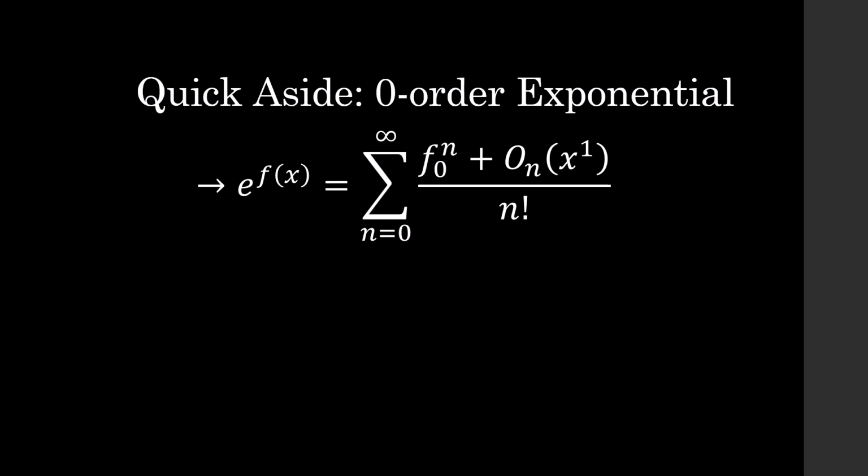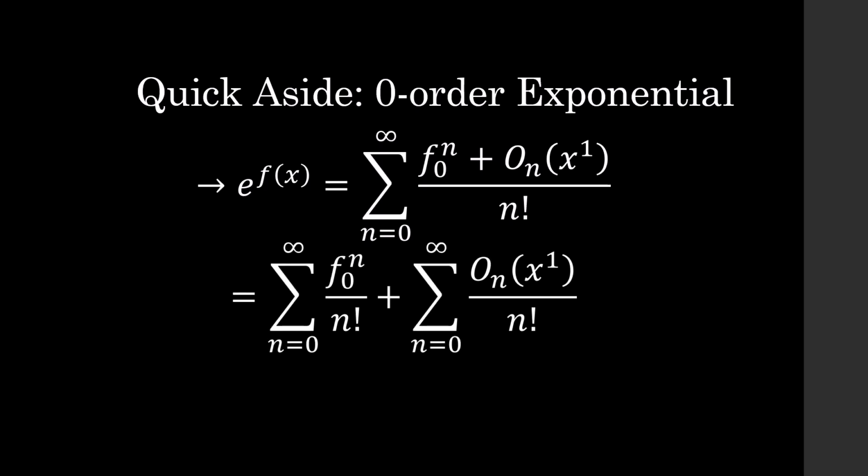we can again separate out the two sums as it is a linear operator, and we recognize the first sum as being our exponential again. This is just going to be the exponential of f naught. So we can just write it as exponential of f naught plus, again, another order x polynomial, which we are not going to concern ourselves with the details of, only that it is of order x.